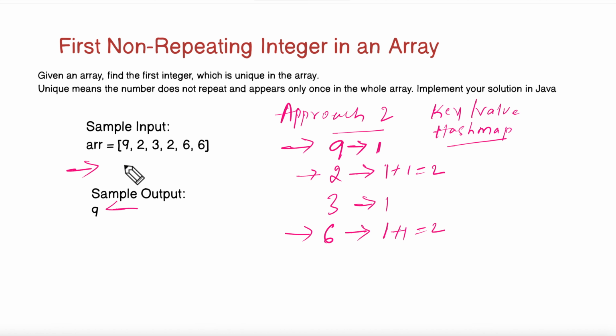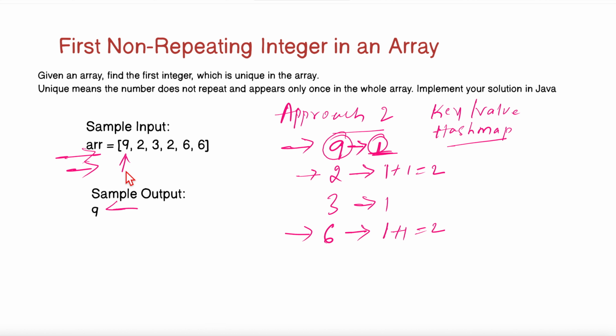Now in the next iteration, we'll go through each and every element, and we'll fetch the value from the HashMap. If it is 1, then we'll return the output immediately. So in our case, this is the best case actually. Whenever we see the first element, which is 9, and when we fetch the HashMap value for the 9 key, that will be 1, meaning this is a unique number.